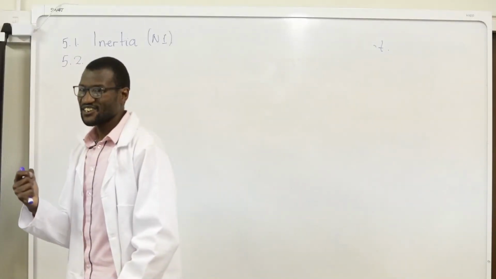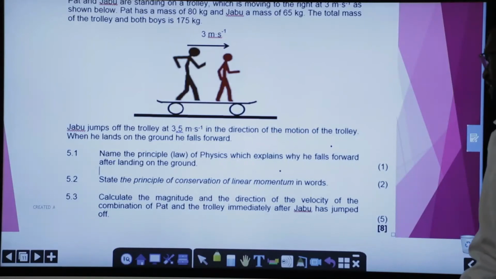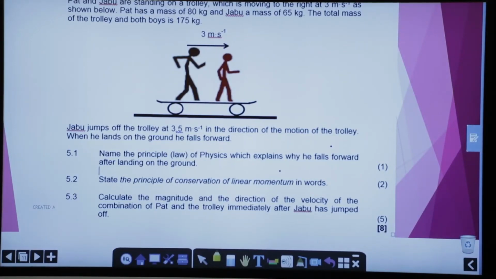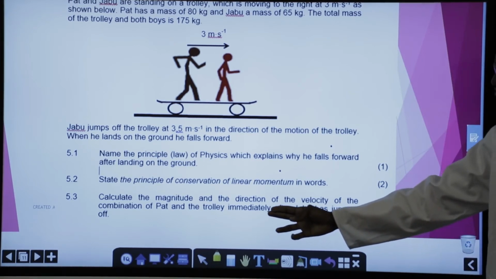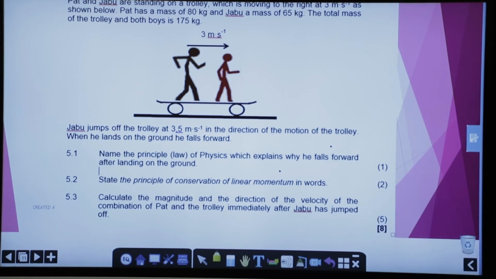Is conserved or remains constant. Next question says, 5.3, calculate the magnitude and the direction of the velocity of the combination of Pat and the trolley immediately after Jabu jumps off.